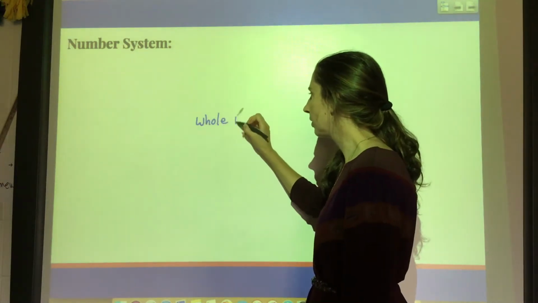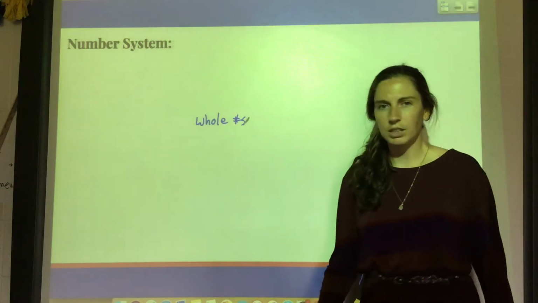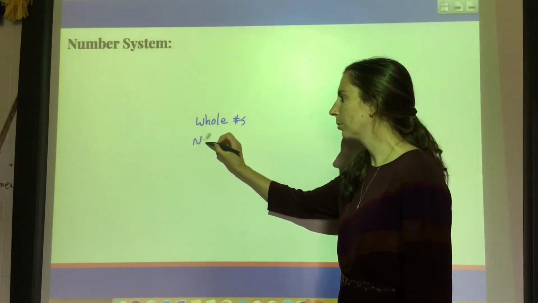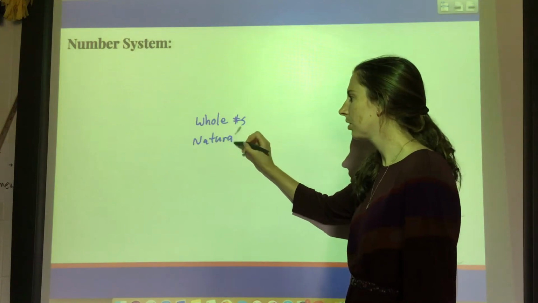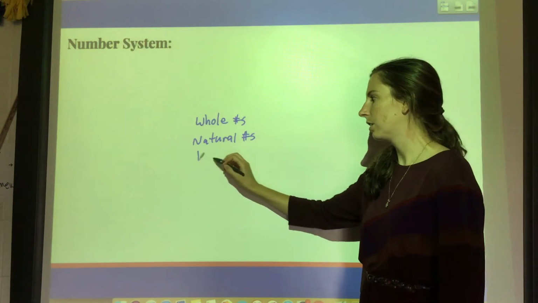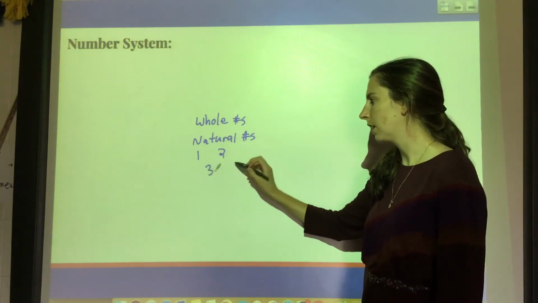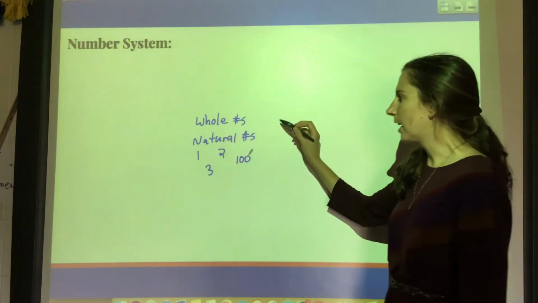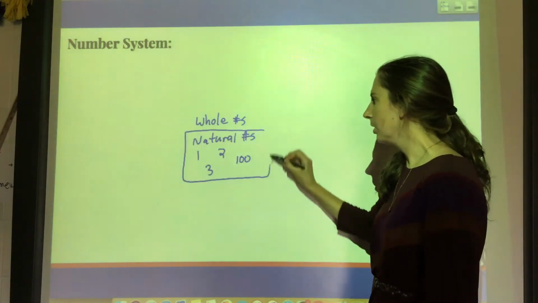Whole numbers include 0, but if you don't want to include 0, it's called the natural numbers. So natural numbers would be like 1, 2, 3, 100, just all the positive whole numbers.